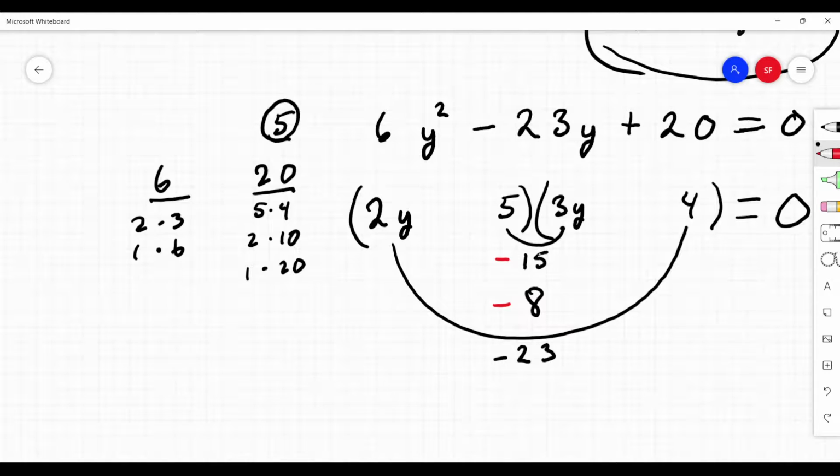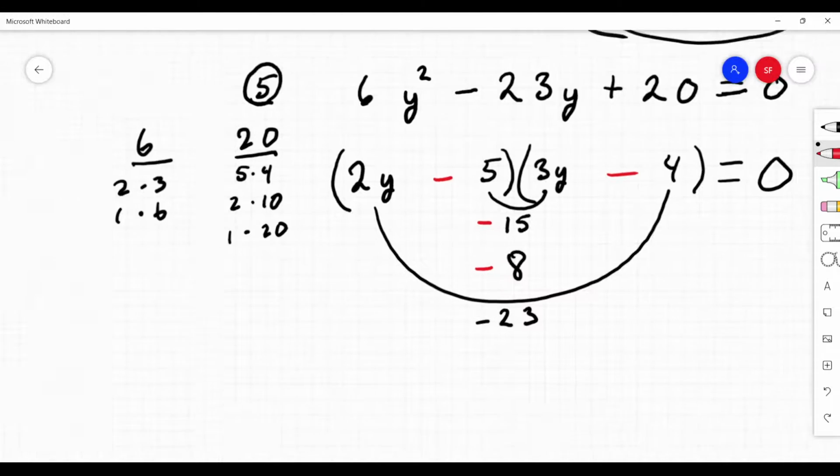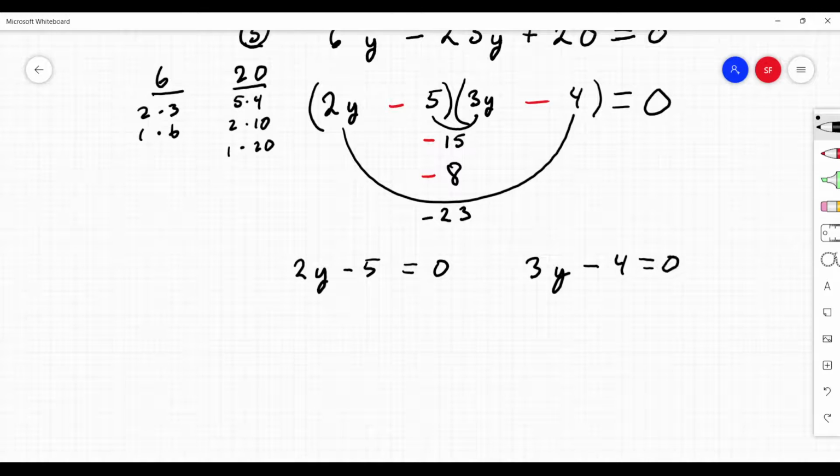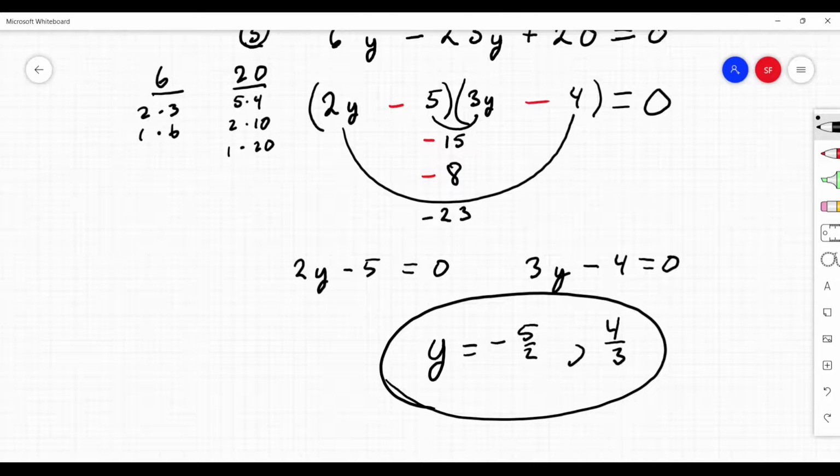So we follow our lines up, and we put a minus, and we put a minus. Then we have 2y minus 5 equals 0, and 3y minus 4 equals 0. So our answers are y equals negative 5 halves and 4 thirds.